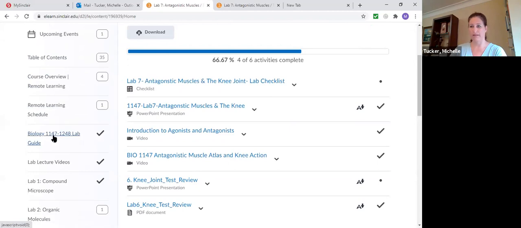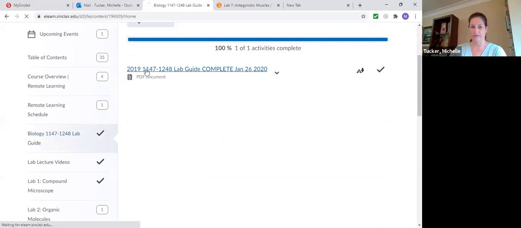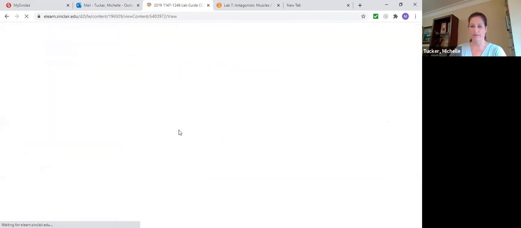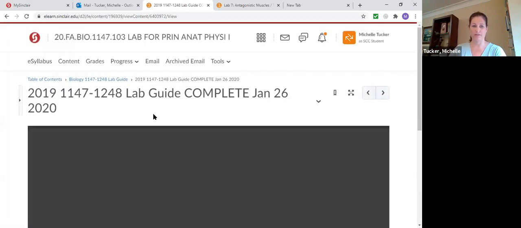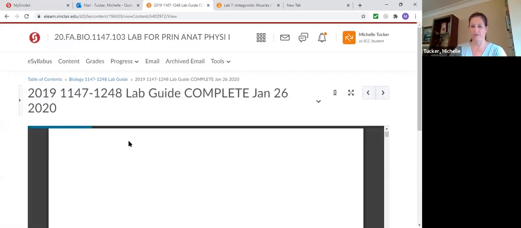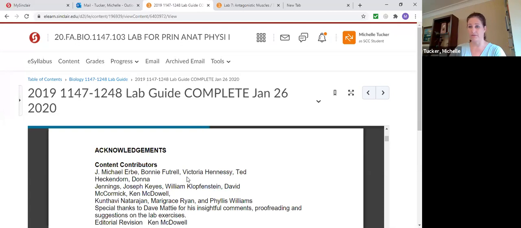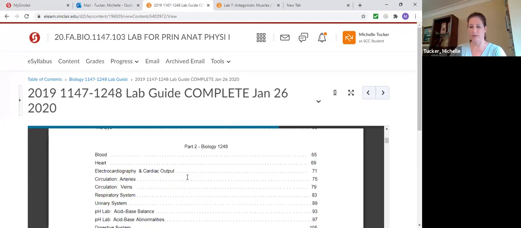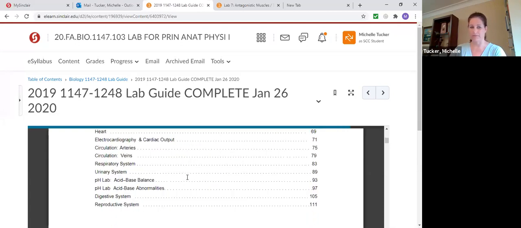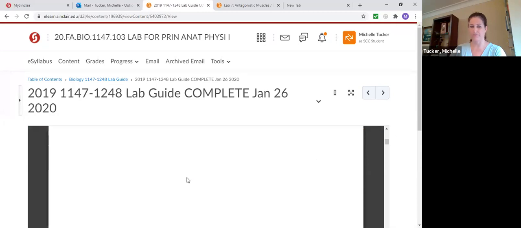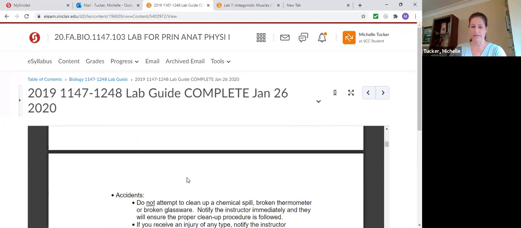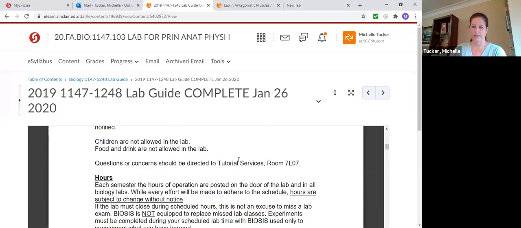So they're also provided electronically here. For each one of the labs, you should be reviewing and completing the lab pages that are associated with each of the labs. The lab guide is provided for you in digital format, or if you wanted a hard copy, you can pick it up from the bookstore.